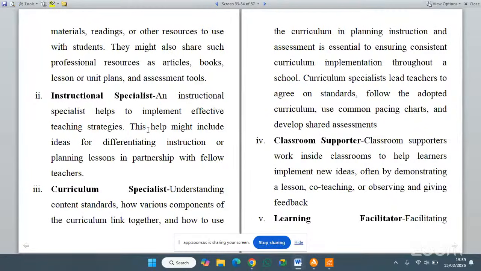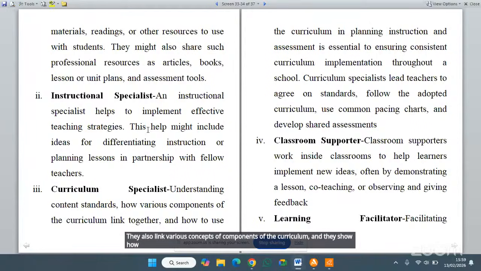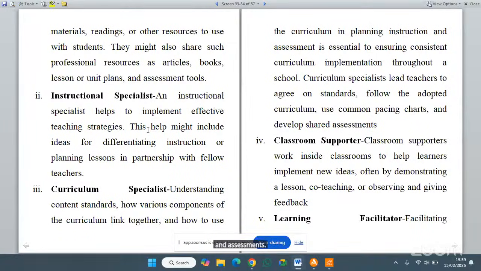They also link various concepts or components of the curriculum and show how to use the curriculum in planning, instruction, and assessment. Curriculum specialists lead teachers to agree on standards, follow the adopted curriculum, use common pacing charts, and develop shared assessments.